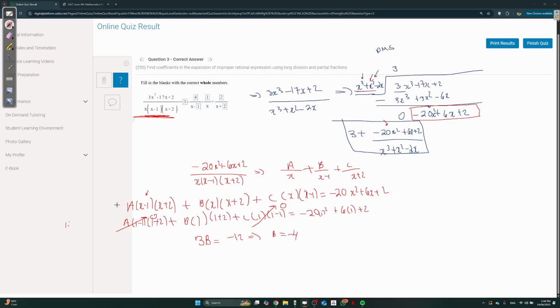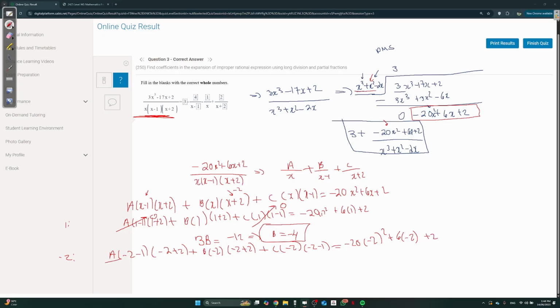Now you got your b. Let's continue. What's our next root? Let's try now negative 2. The root of x plus 2 is negative 2. Substituting negative 2, let me put this in a box. You're going to get a times negative 2 minus 1, negative 2 plus 2, plus b times negative 2, negative 2 plus 2, plus c times negative 2, negative 2 minus 1, equals minus 20 times negative 2 squared plus 6 times negative 2 plus 2.